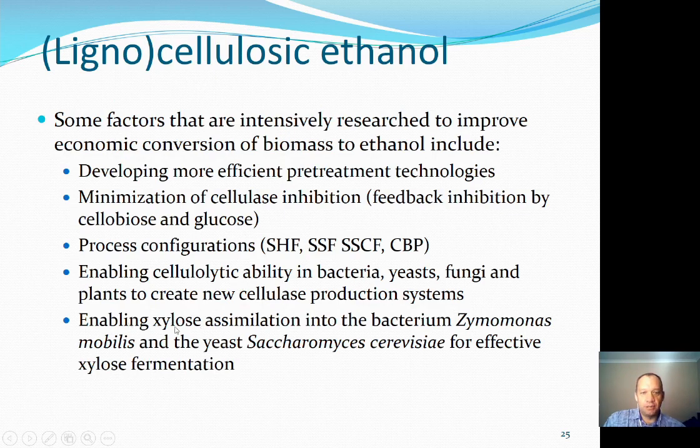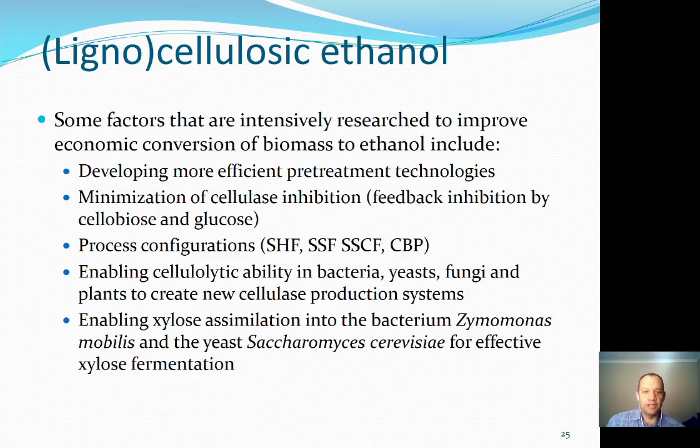We also need to enable xylose assimilation in our most efficient fermentative organisms. So that would be the bacteria Zymomonas mobilis and the yeast Saccharomyces cerevisiae. They are very, very good fermenters in turning glucose into ethanol, but neither of them naturally use xylose as a carbon substrate.